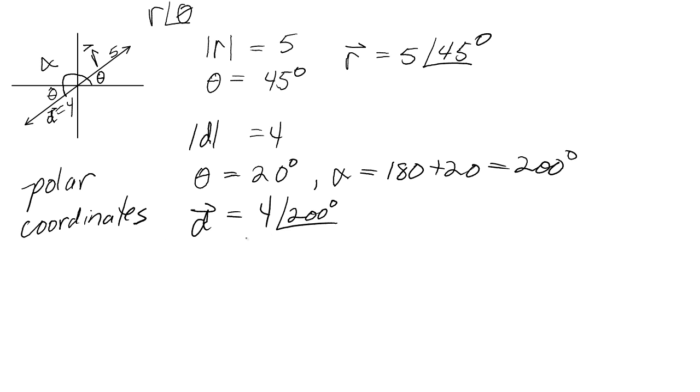Now we could also have rectangular coordinates. And rectangular coordinates are going to be composed of i and j components.